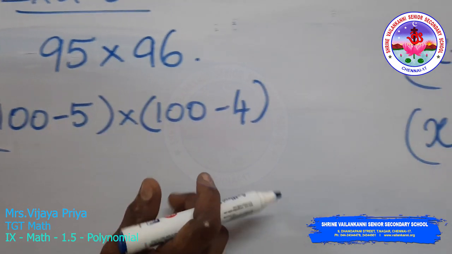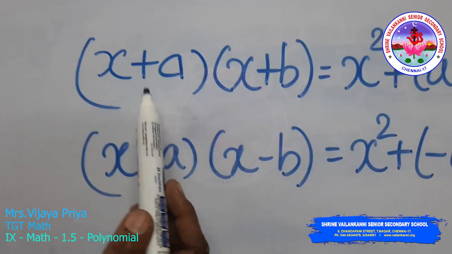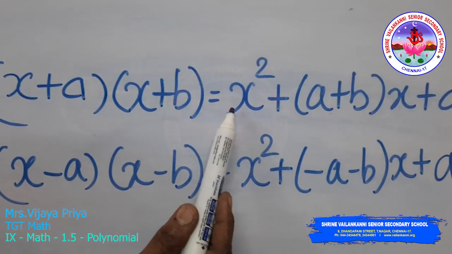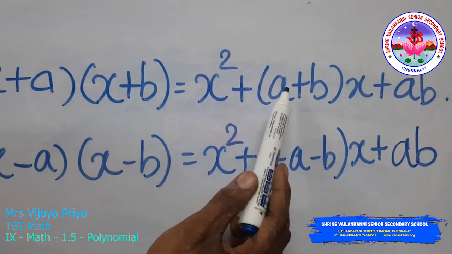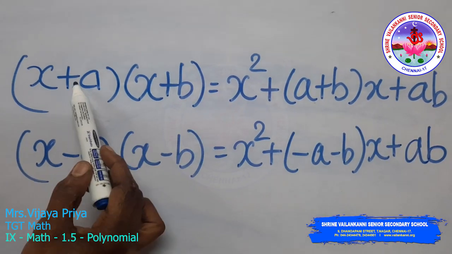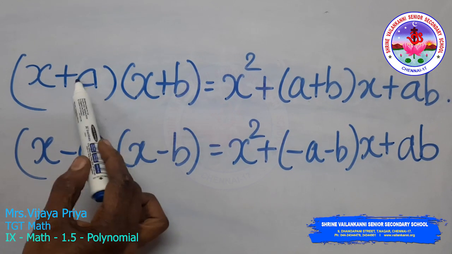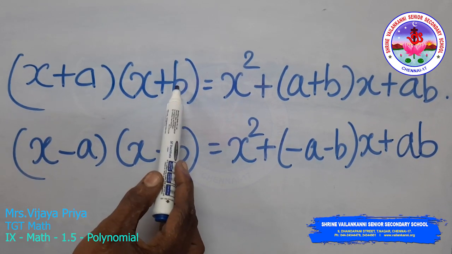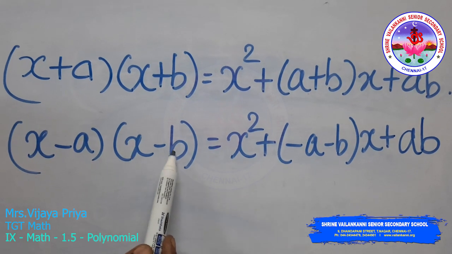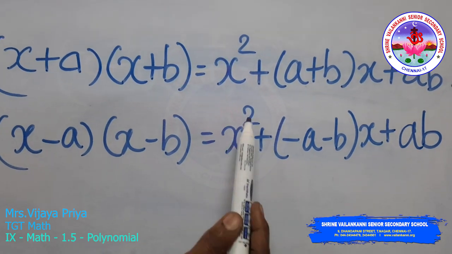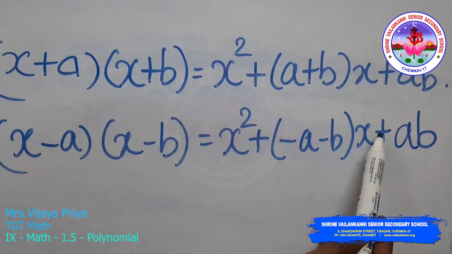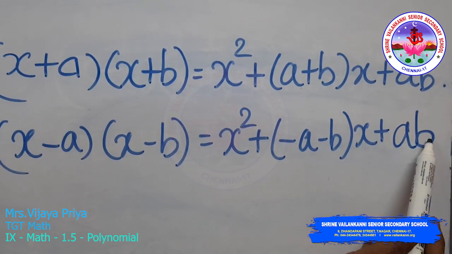Let us see the algebraic identity formula you studied: (x + a)(x + b) is equal to x squared plus (a + b)x plus ab. When plus a and plus b are replaced by minus a and minus b, the formula becomes (x − a)(x − b) is equal to x squared plus (−a − b)x plus (−a)(−b).